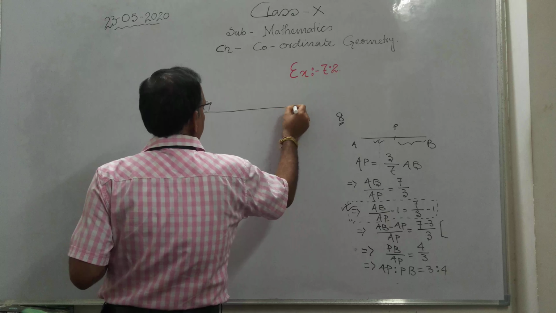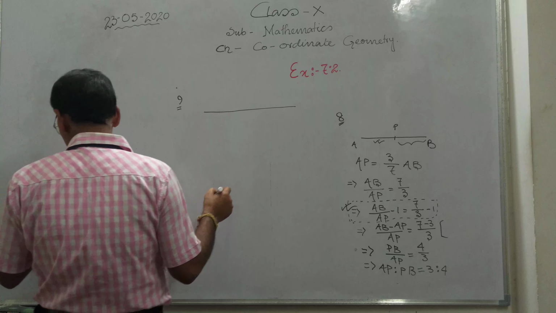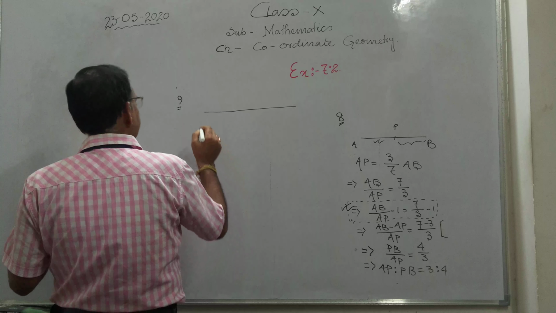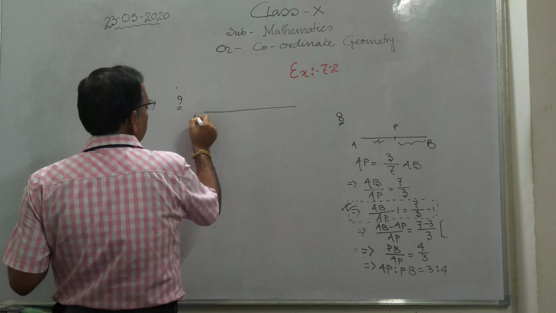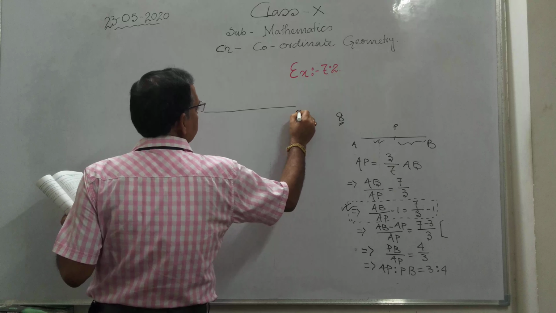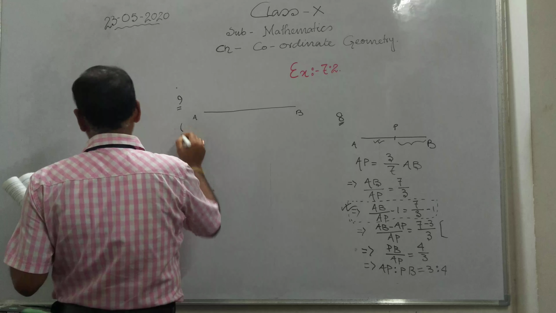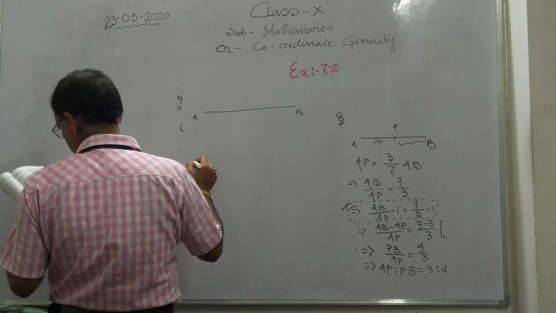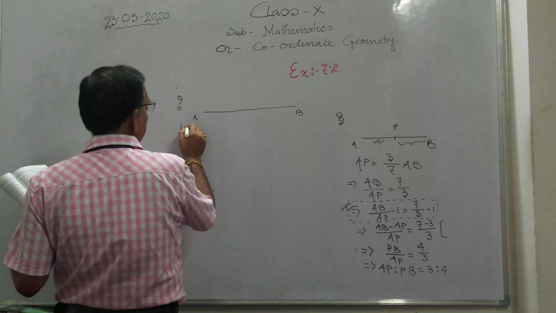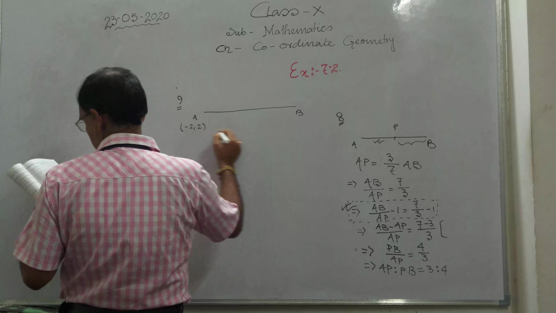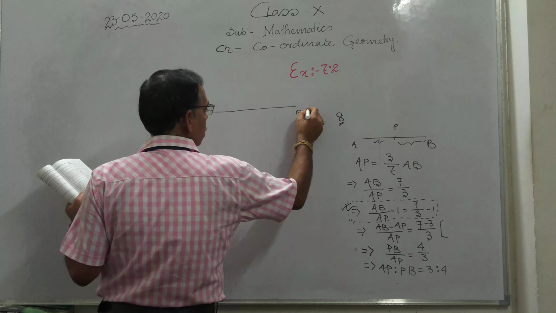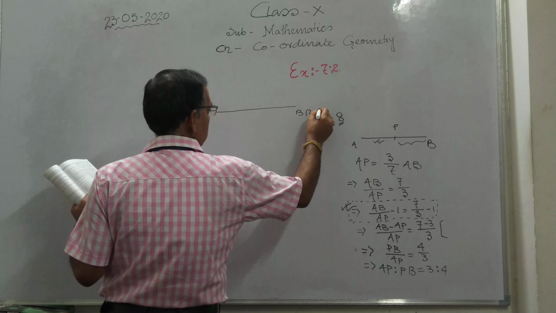So draw a line, and they have given A, B, and here they have given -2, -2. Here they have given 2, 8.